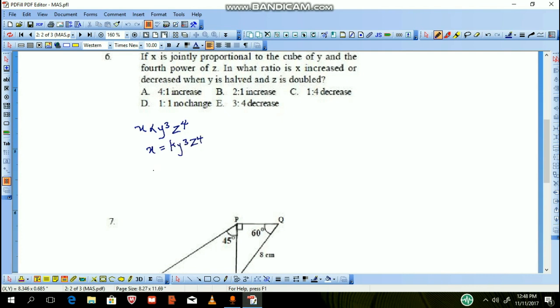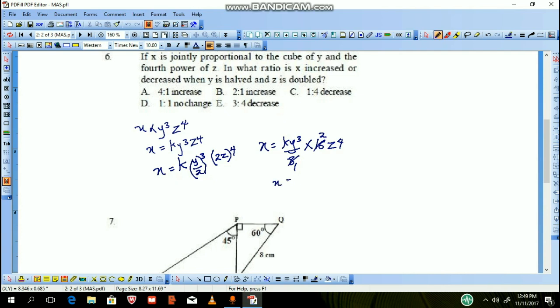therefore x will be equal to k, y is halved, so therefore we have y over 2 in the second case because it's half to the 3, then z is doubled, therefore we have 2z to the 4. So let's see what this will result to. x will be equal to k y to the 3 over 8 times 2 to the 4, that will be 16 z to the 4. 8 here is 1, 16 over 8 here is going to be 2.